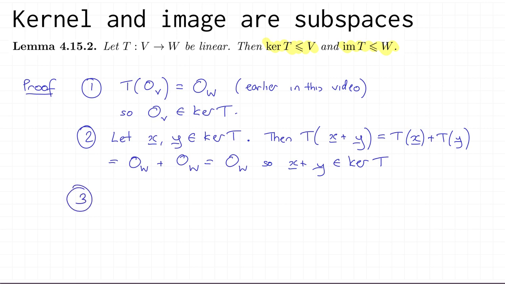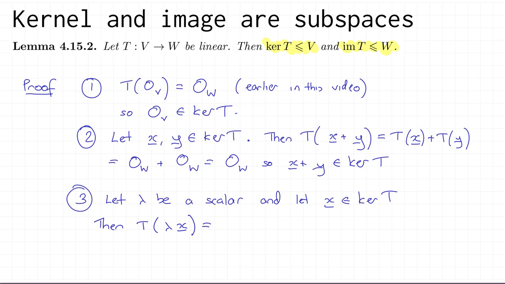So for the final part of the definition of being a subspace, I need to say what field I'm working over. In fact, I can kind of dodge that. Let lambda be a scalar, which means an element of whatever field V and W are vector spaces over, and let X be an element of the kernel of T. Then I have to show that lambda times X is again an element of the kernel of T. So T of lambda times X, well, we can just use the definition of linearity again.